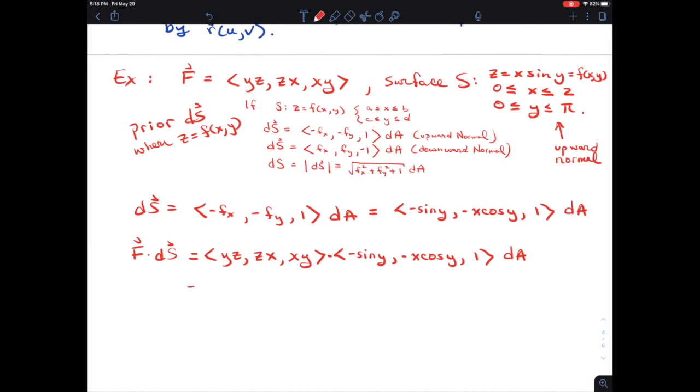It could be ugly. Okay, here goes. We're going to have a negative yz sine y, and then a negative x squared z cos y, and then just plus xy. That's horrible. And then dA.